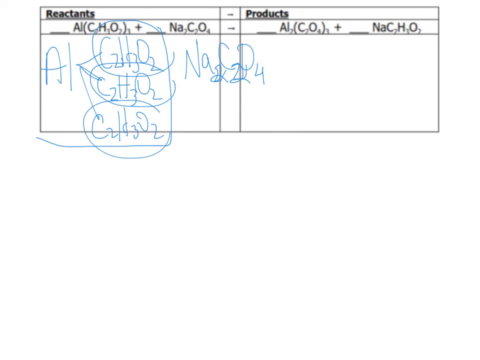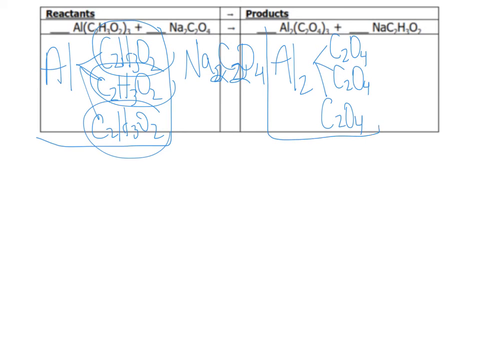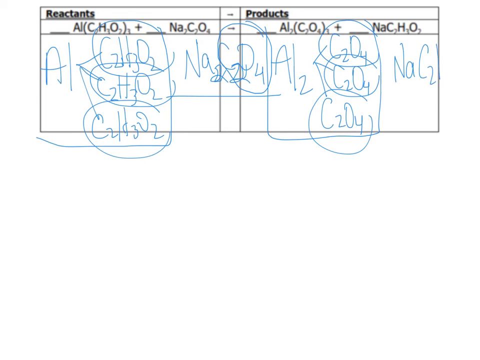They don't really look very good. Here's another group, C2O4. So I'm going to go back over to this side and circle it. And my final NaC2H3O2 just barely squeezes in.